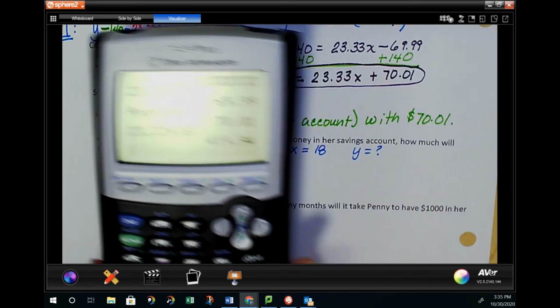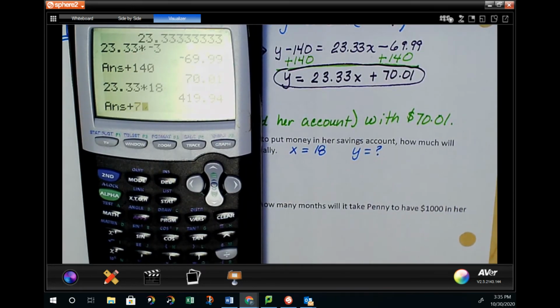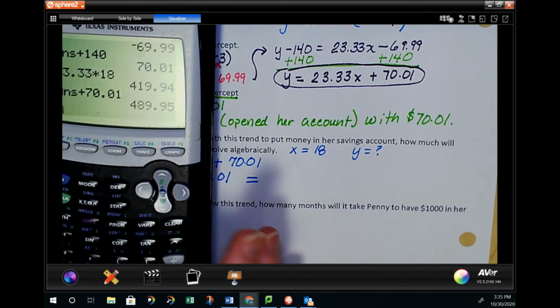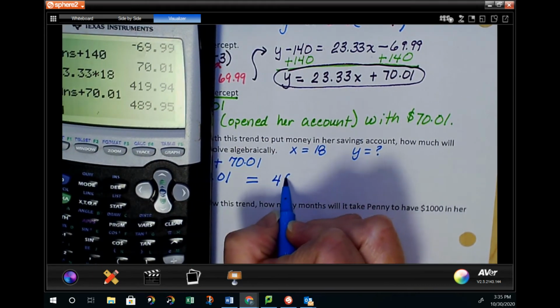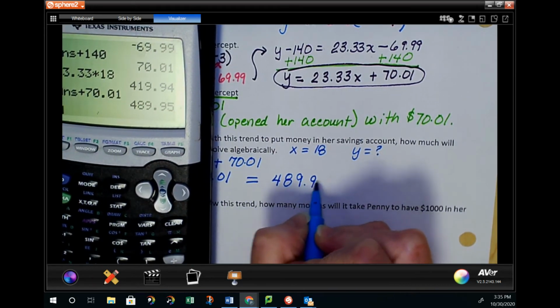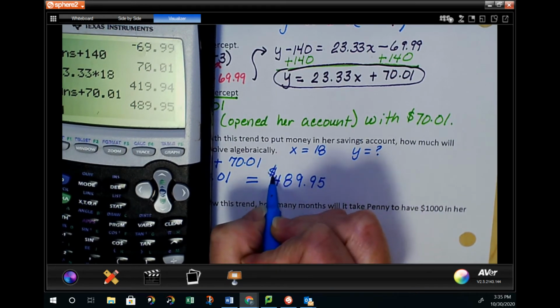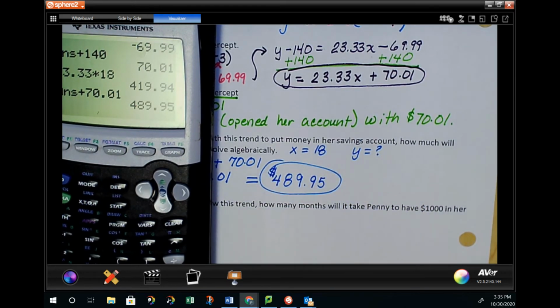So we add that together. So now we go plus 70.01. And now she's at $489.95. So this is a rough estimate of what Penny would have in her account.